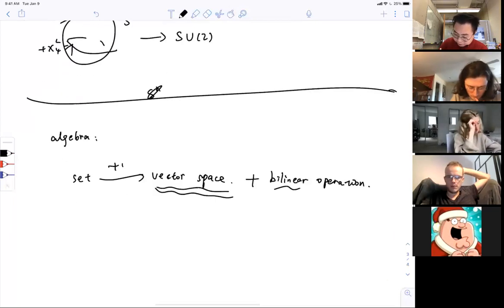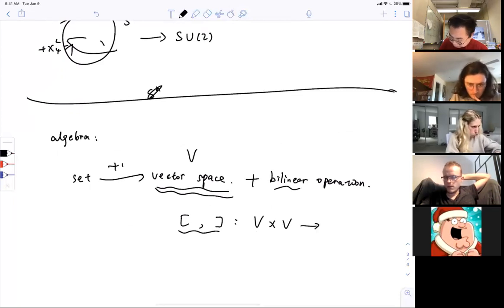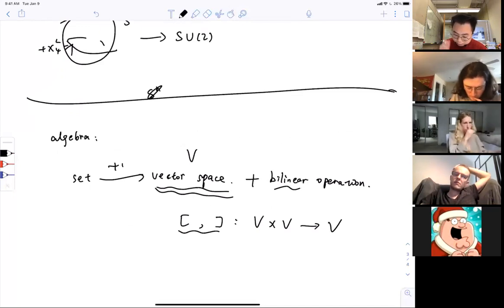Let me write the bilinear operation this way. I denote the vector space as V. Bilinear means V cross V gives us another V. The input is 2 elements in the vector space, and the output is 1 element in the vector space.